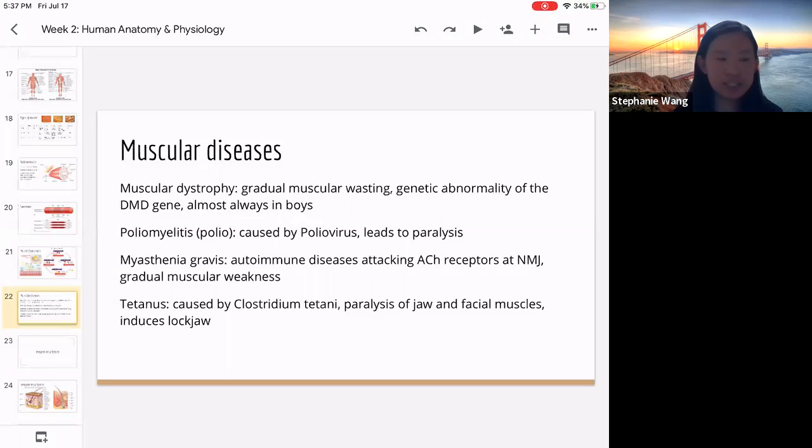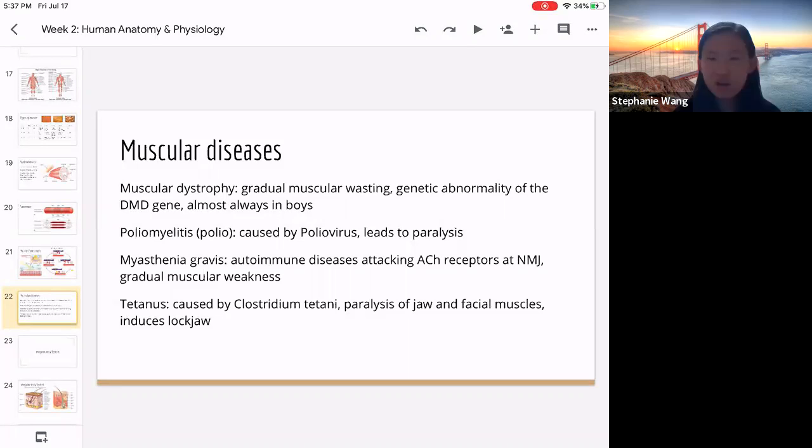The reason behind this is, I think, that the life expectancy of muscular dystrophy is very low, I think around 30 to 40. So most boys don't live to be able to, I can't remember exactly why. I think it was something related to sex or something.